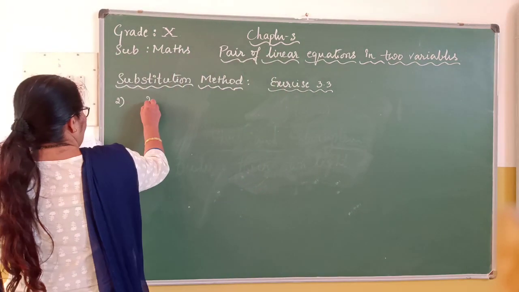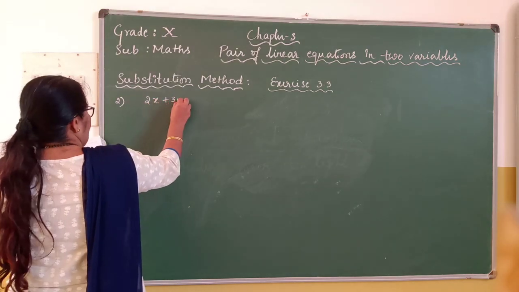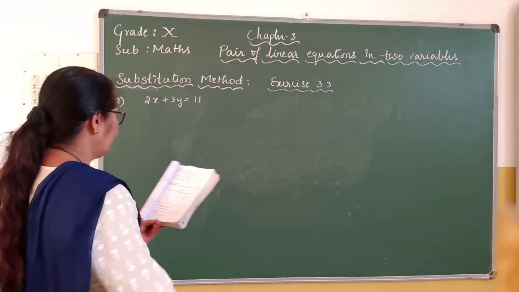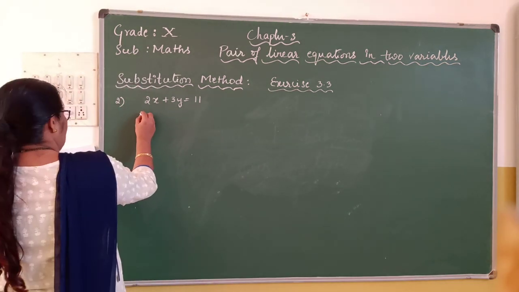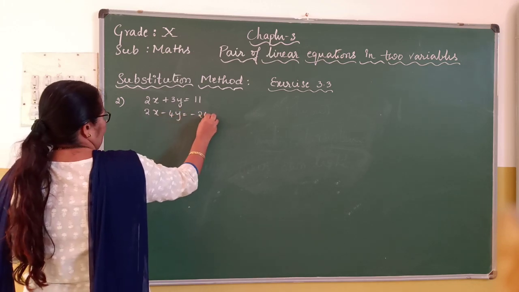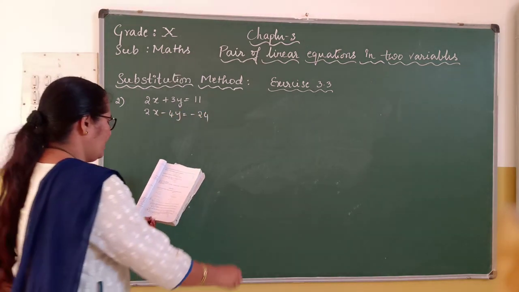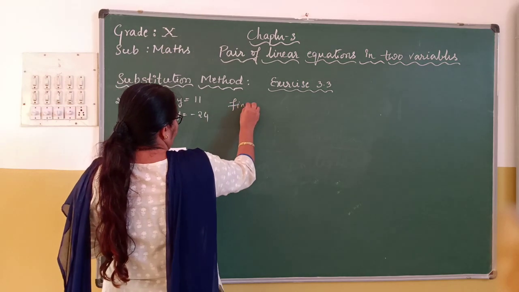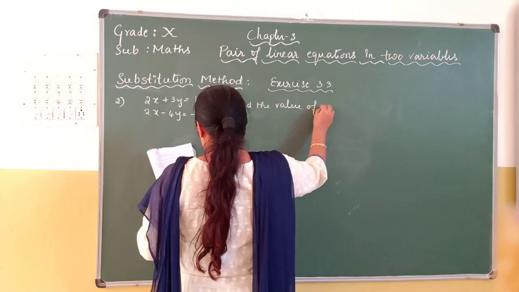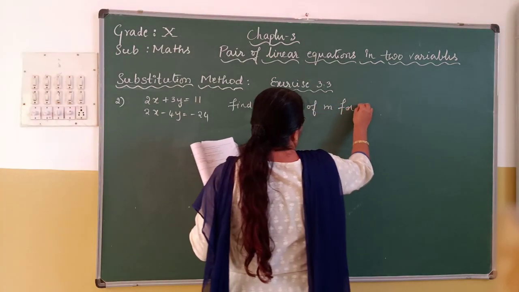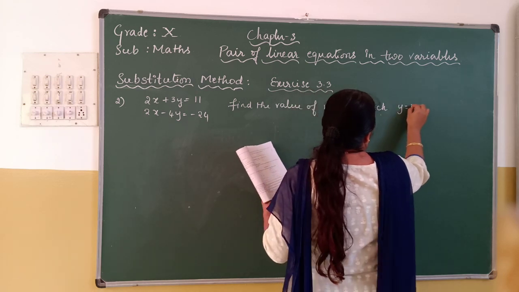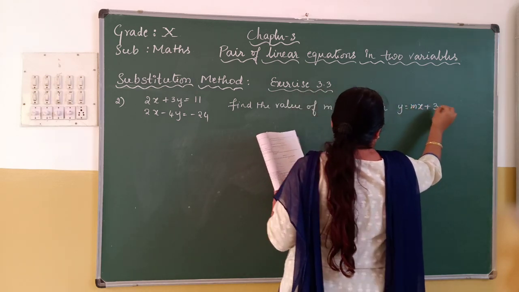Now the first equation, 2x plus 3y equals 11, this is the given equation, and the second equation is 2x minus 4y equals minus 24, and find the value of m for which y equals mx plus 3.